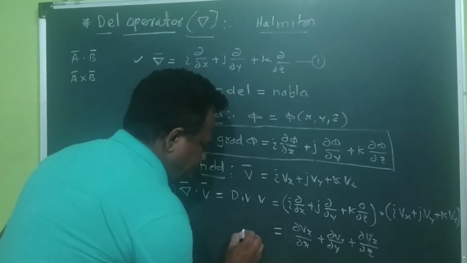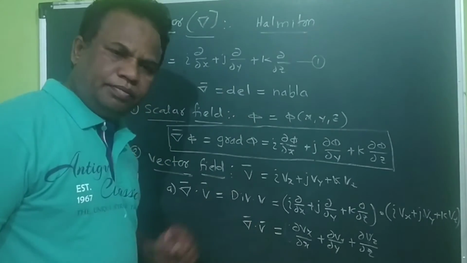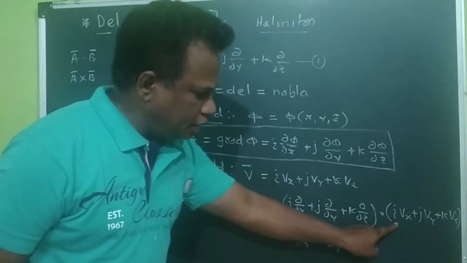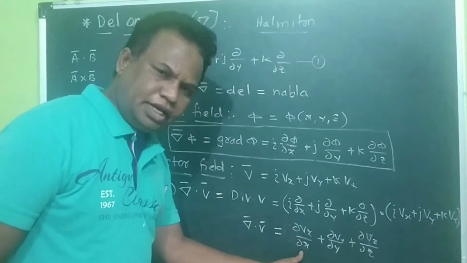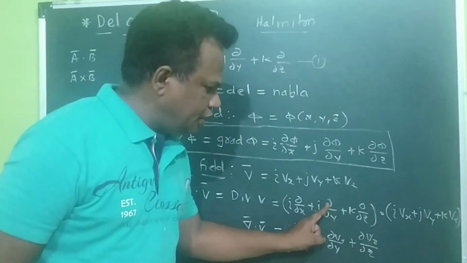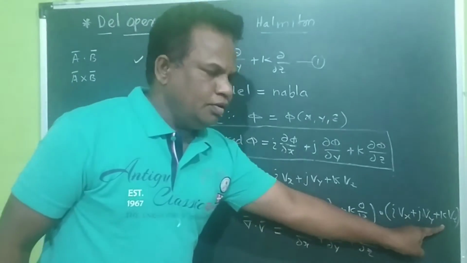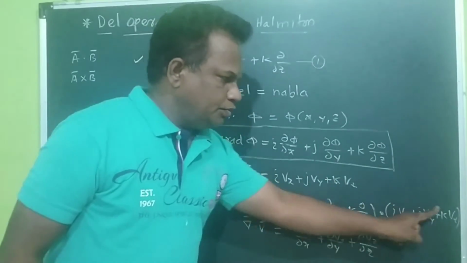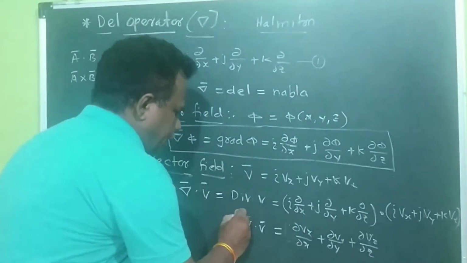It is the value of del dot V, or divergence of V. Because i dot i gives 1 times ∂Vx/∂x, j dot j is 1 times ∂Vy/∂y, k dot k is 1 times ∂Vz/∂z. It gives the value like this.